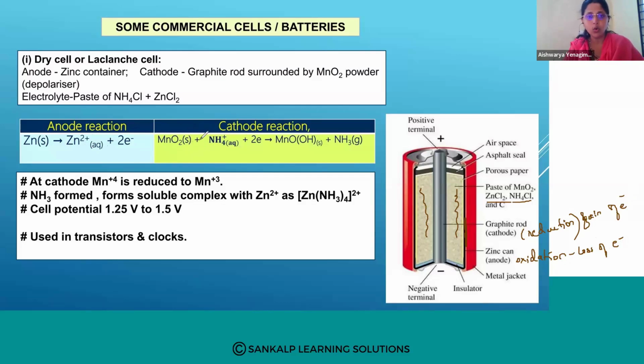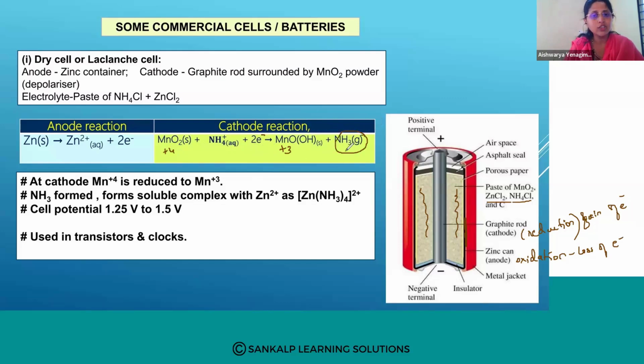So MnO2 along with NH4+ ion plus 2 electrons will form MnOOH plus NH3, which is liberated in gaseous form. At the cathode, manganese is reduced from +4 state to +3 state. You can check the oxidation states.